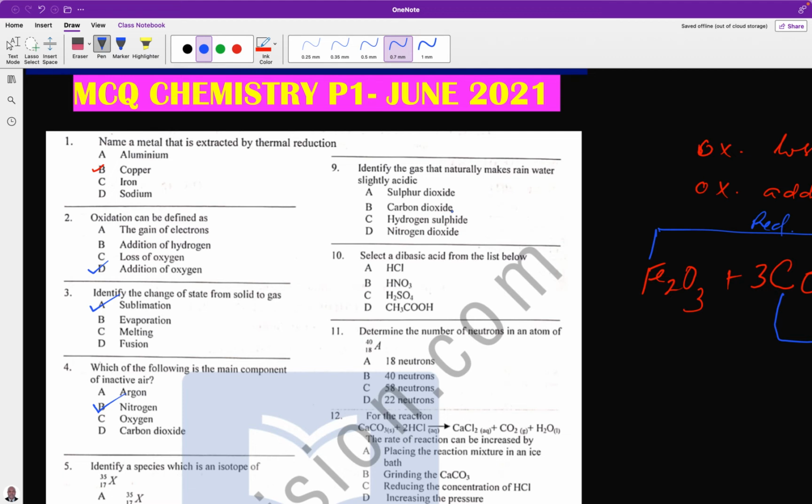And that is when carbon dioxide comes in. So carbon dioxide only makes it slightly acidic, not acidic. That is why carbon dioxide is not fully included among the list of acidic gases. It is only slightly acidic. So the only gas that naturally makes rainwater slightly acidic is carbon dioxide, and our answer is B.